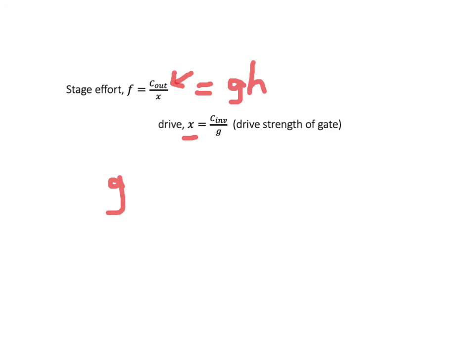And what do we mean by drive strength? If the drive strength X is equivalent to C of an inverter, this means that this gate is able to drive 1 unit of inverter gate capacitance.